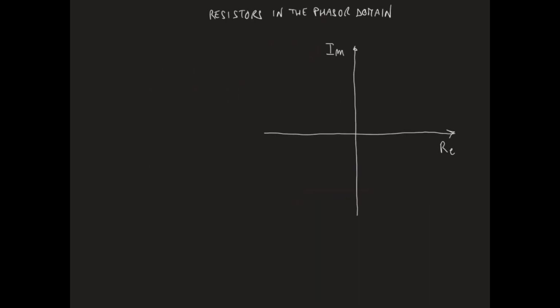So in the phasor domain, the voltage across a resistor with resistance R is given by the resistance R times the current IR flowing through the resistor.